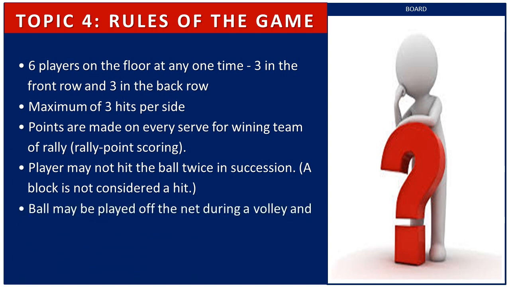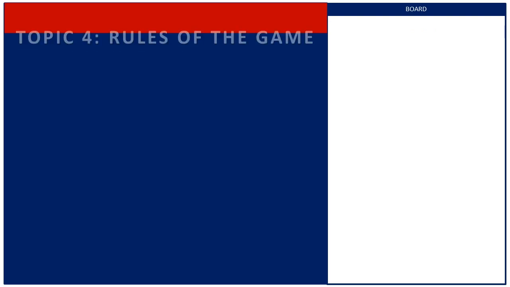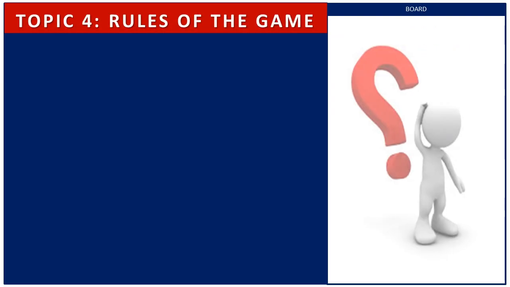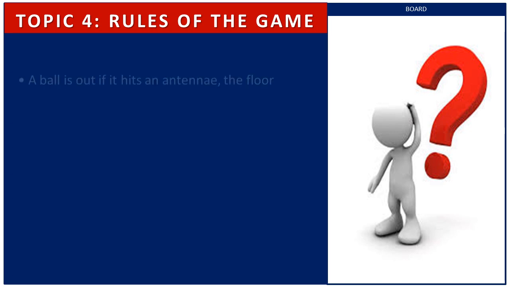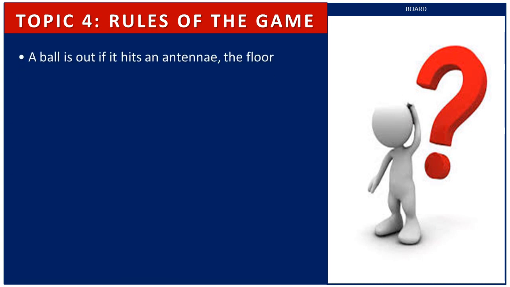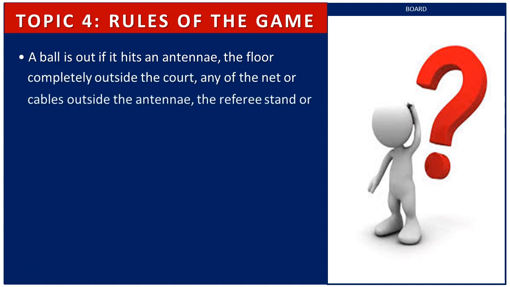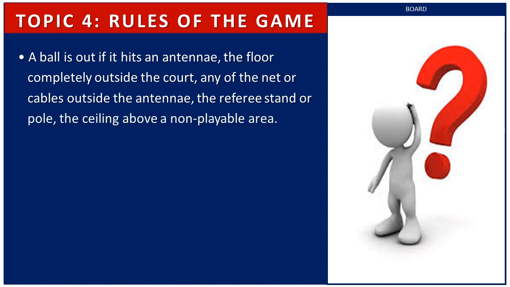The ball may be played off the net during a volley and on a serve. A ball hitting a boundary line is in. Next is, a ball is out if it hits an antenna, the floor completely outside the court, any of the net or cables outside the antennae, the referee's stand or pole, or the ceiling above a non-playable area.